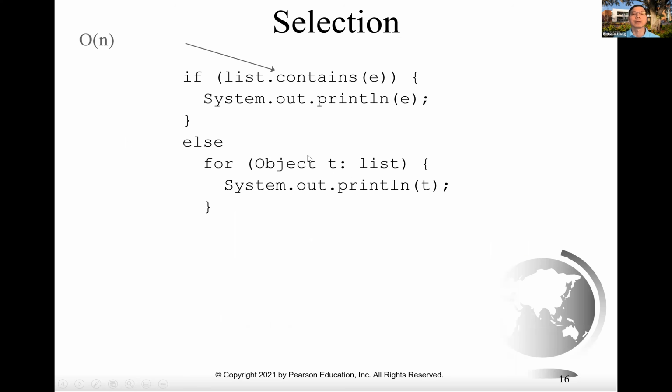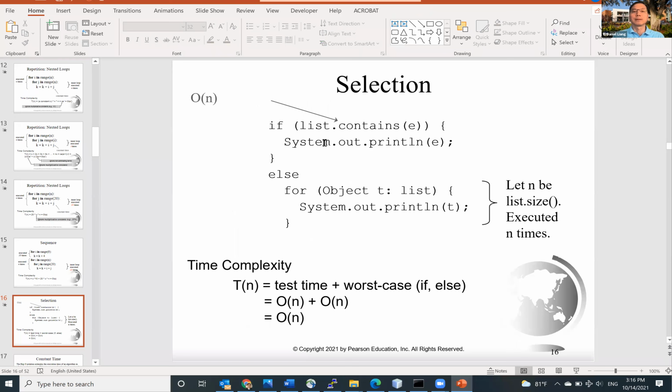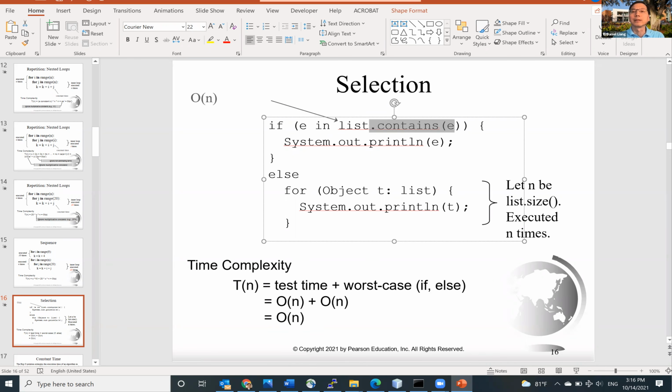Now let's look at a selection here. For this, a list that contains an element. We are using a different one here, so we need to look at the code in Python. Here is the element in the list.